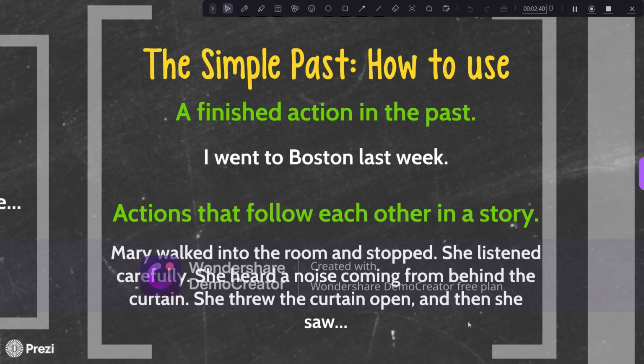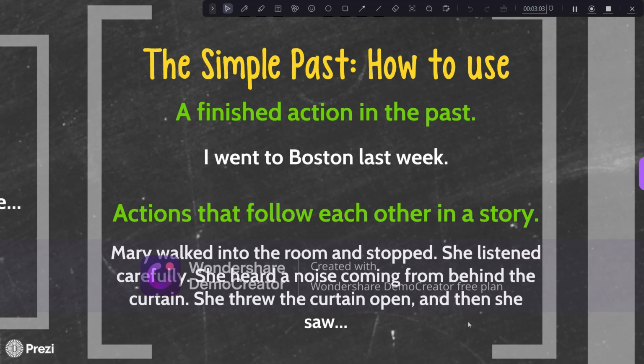Now, let's go deeper into the use of the simple past. How to use the simple past? We use the simple past with a finished action in the past. I went to Boston last week. The second use for past simple is actions that follow each other in a story.